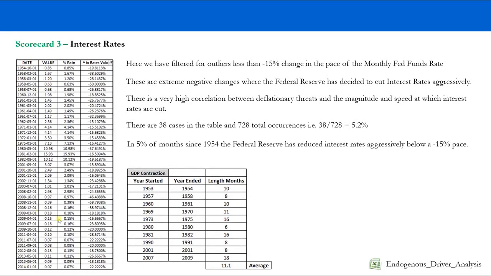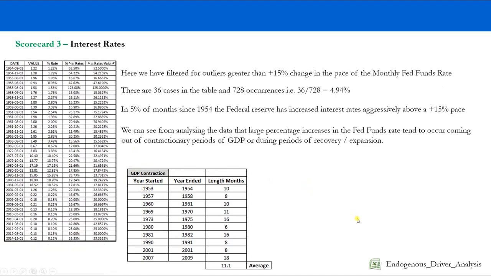So what you're actually seeing here in this data is the Fed reacting. So what we were alluding to earlier when we talked about the time lag, the Fed reacting after a time lag to GDP contraction and decreasing interest rates at a rapid pace.